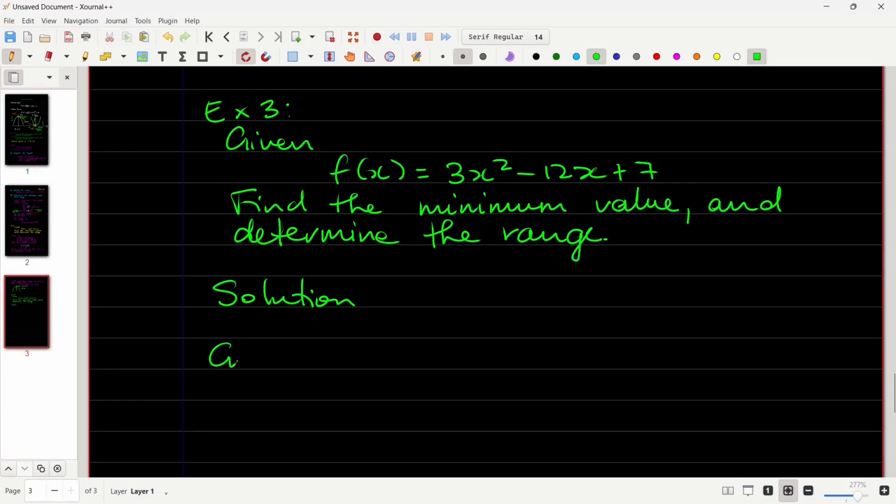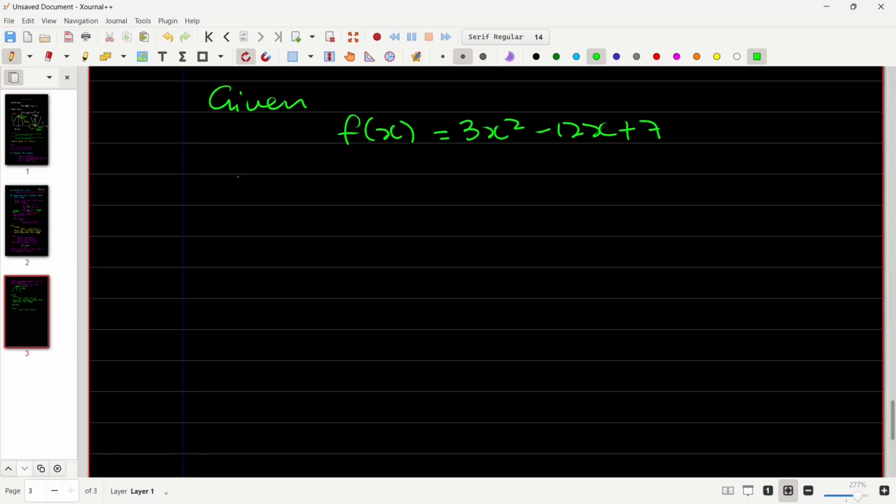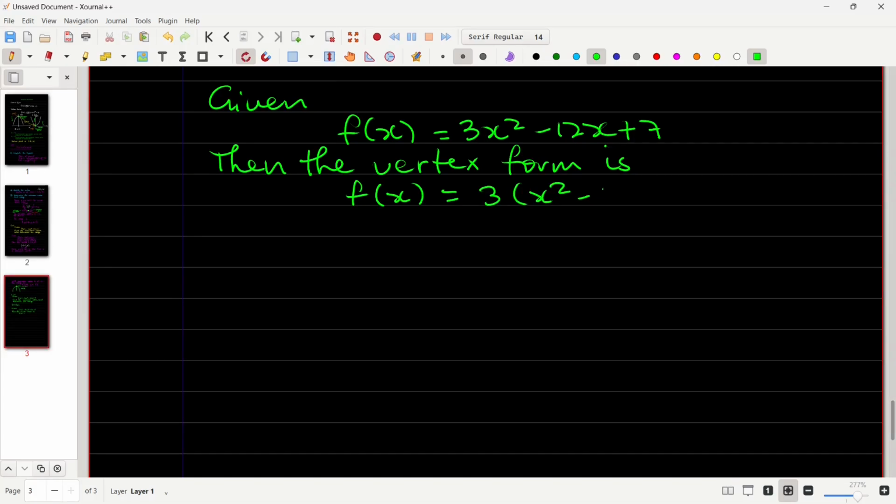we're going to say given f of x equal to 3x squared minus 12x plus 7, then the vertex form is, and I can write this here, f of x equal to 3 into x squared minus 4x plus 7, and then work that out, and I would get half of that is -2.